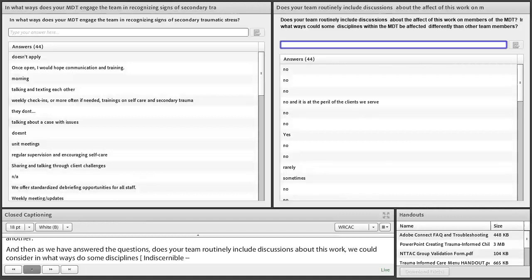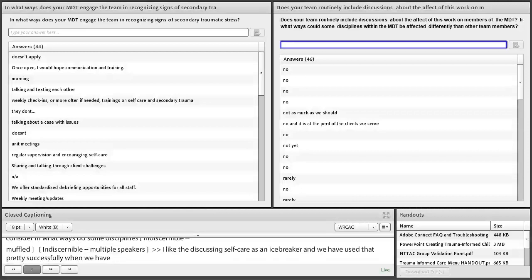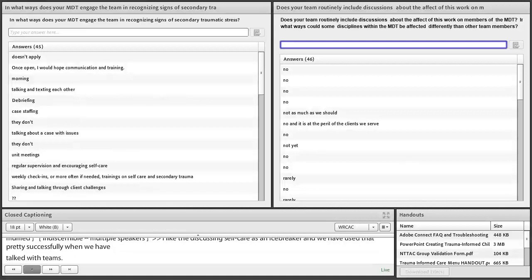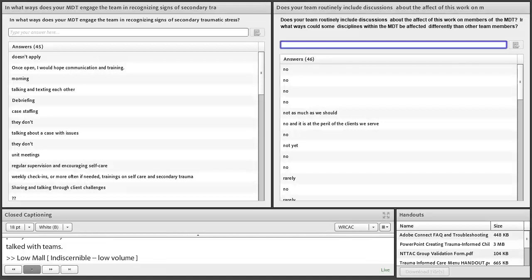I like the discussing self-care as an icebreaker, and we've used that pretty successfully as we talk with teams. I see no, and at the peril of clients we serve. That's quite right. Absolutely. Very strong statement. And some of that standardized debriefing opportunities, sort of that reflective supervision process. Great.